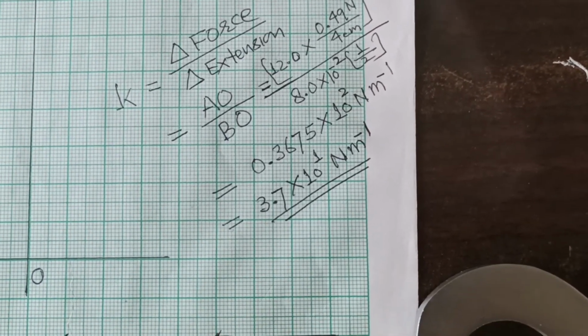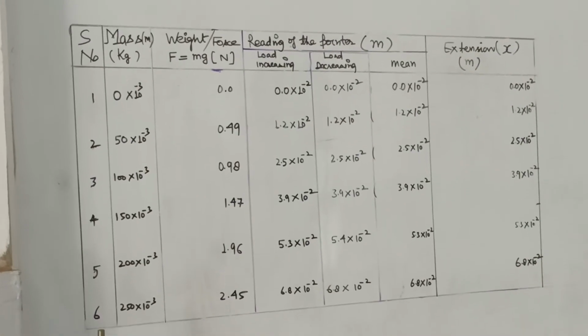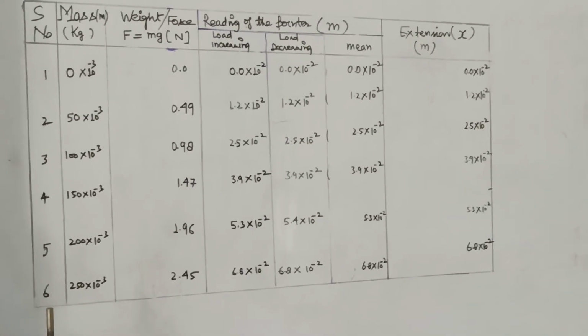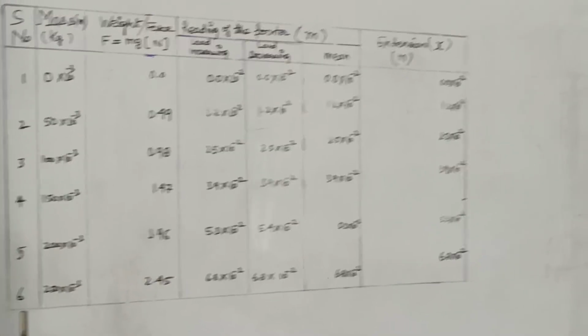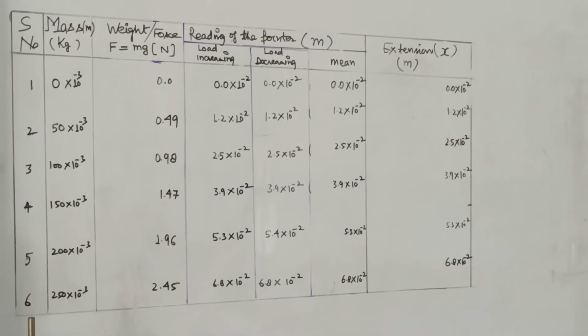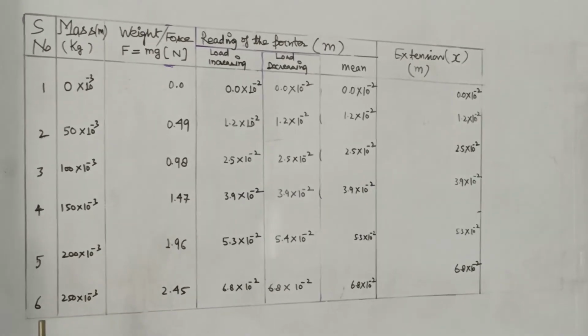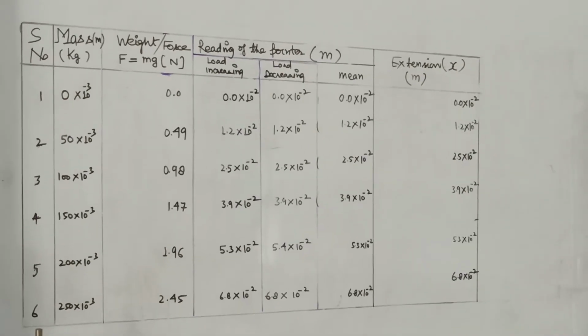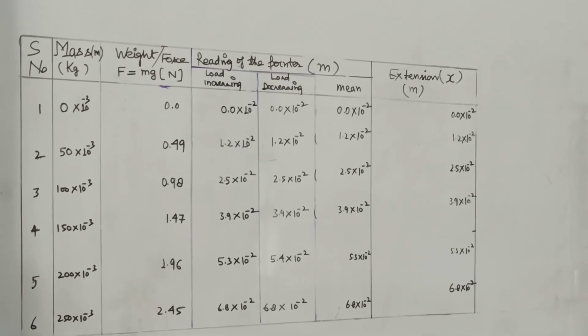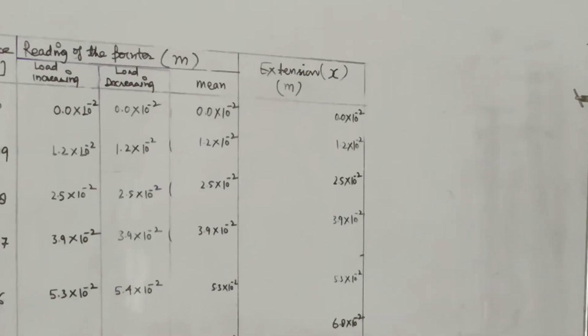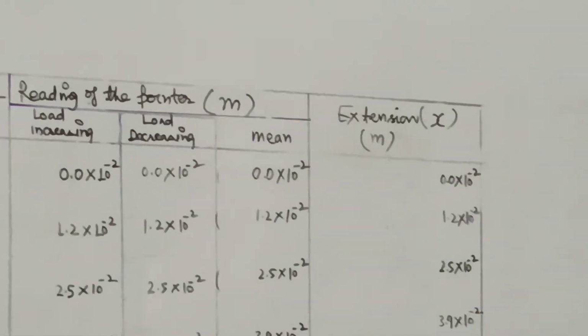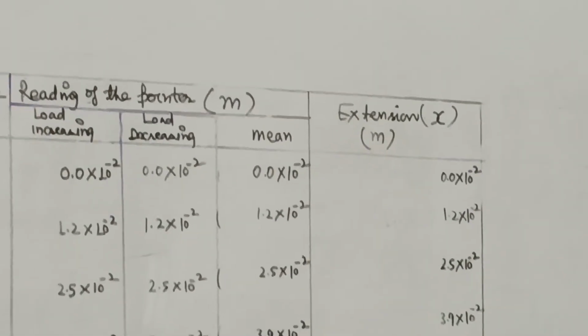but our values in the table that we use, you can see here in the table, our values are at most only of two significant figures, because mass was 50 and then 100 and 150, so significant figures are 2. And similarly on the centimeter scale, we are having extension, these are the extensions, you can see 0.0, 1.2, so these significant figures here are also 2.